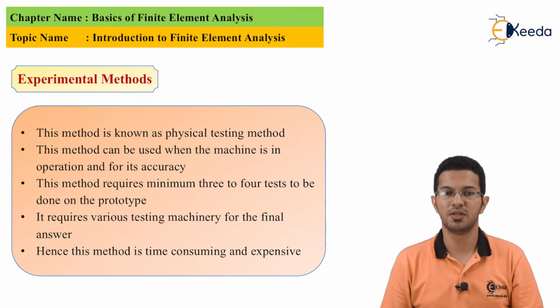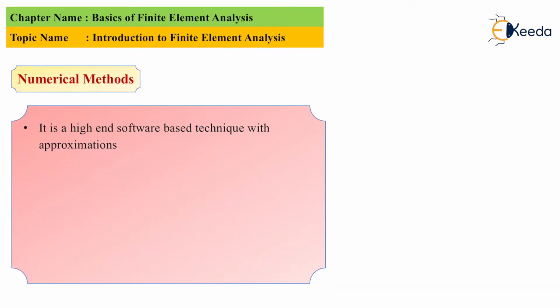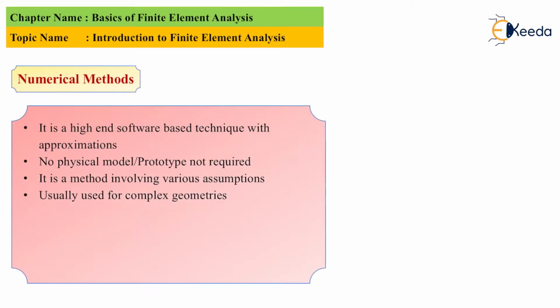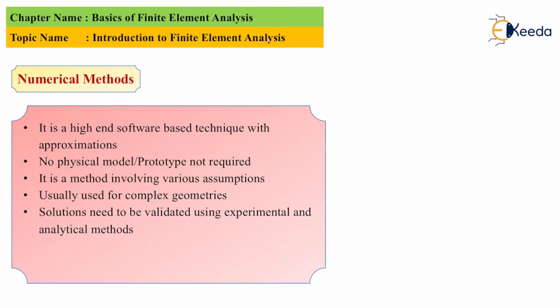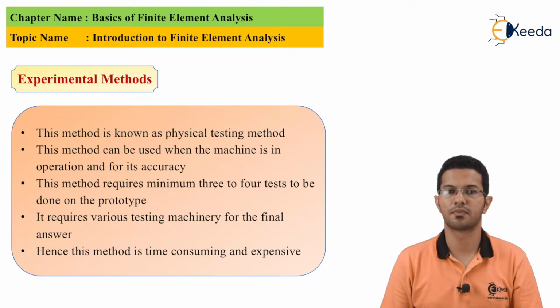For example, we use an accelerometer to find out the vibration of any machine. We also use the Brinell testing machine to check the hardness of any material. We have also used the governor, the gyroscope, and vibration model apparatus in our lower engineering classes.